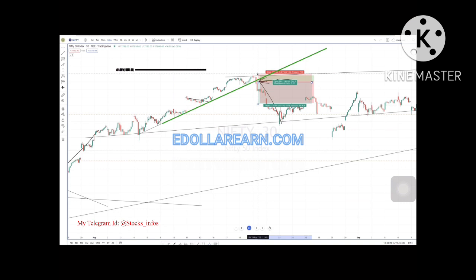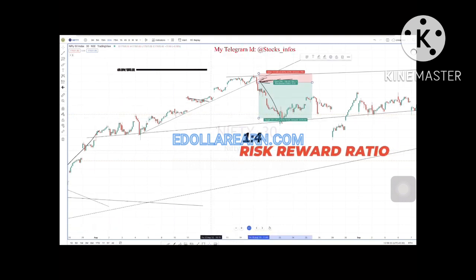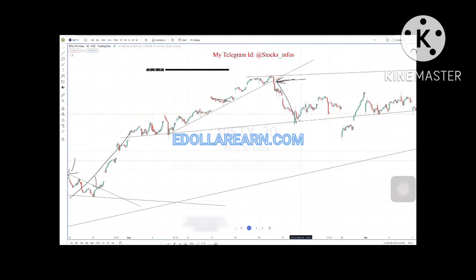You can either keep it at the top of this candle or the previous candle itself. Not much of a difference, right? So I would rather keep it at the top. So let me delete this. So this is a 1:4 risk reward ratio. So definitely you can target this area.